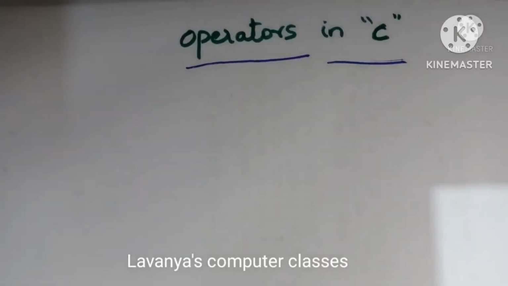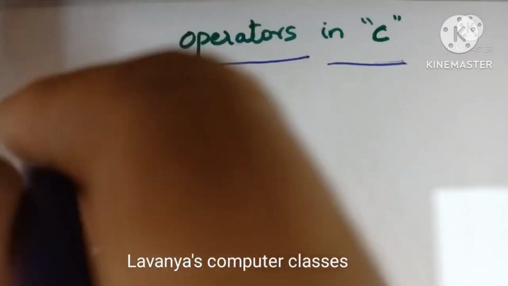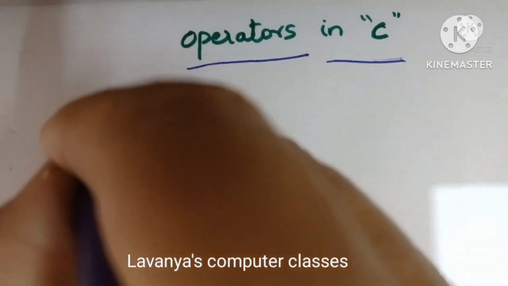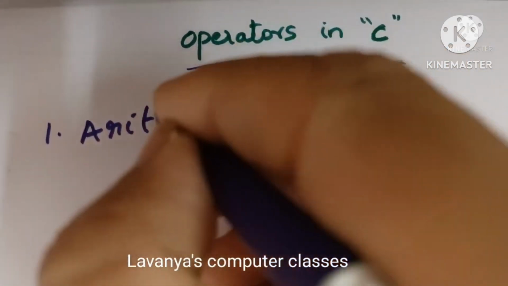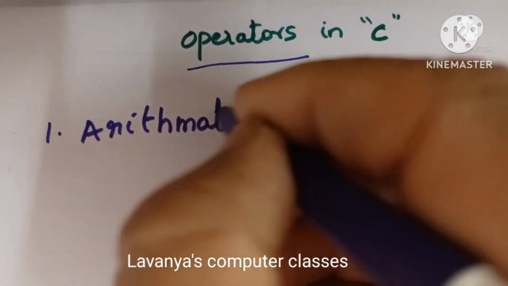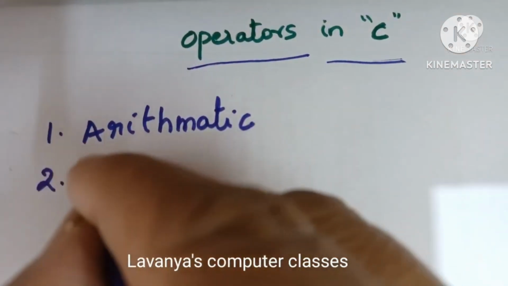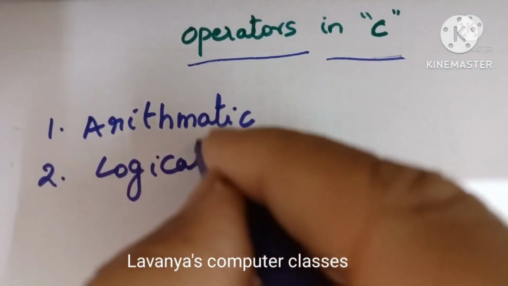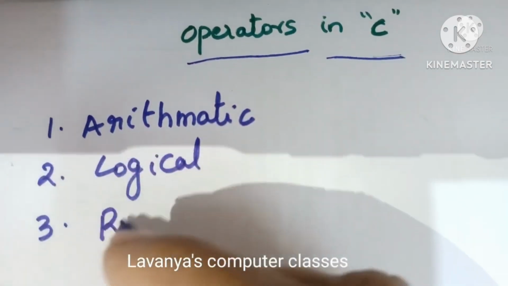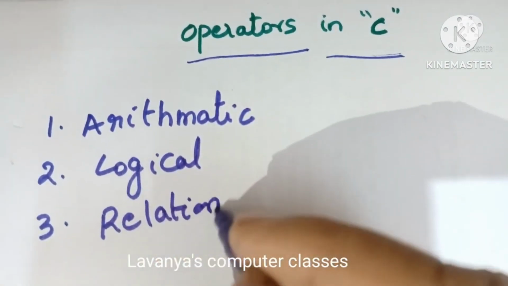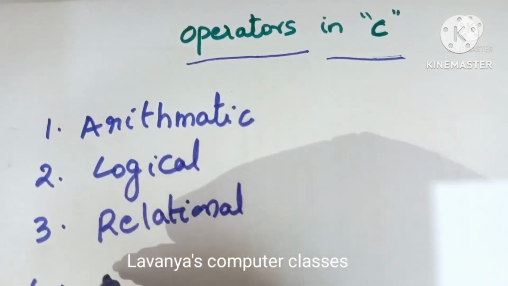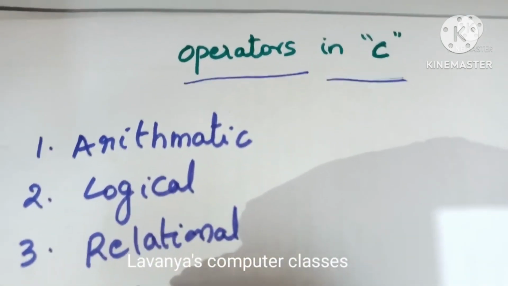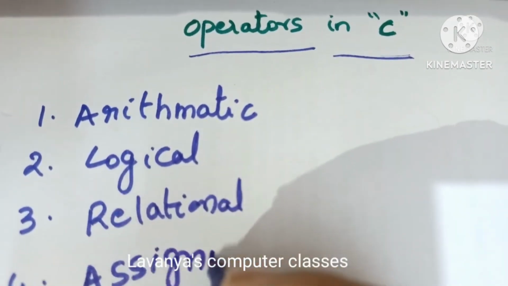Thank you for watching the operators in C language. In C language we have many operators. First one is arithmetic operators. Second one is logical operators. Third one is relational operators. Fourth one is the assignment operator.